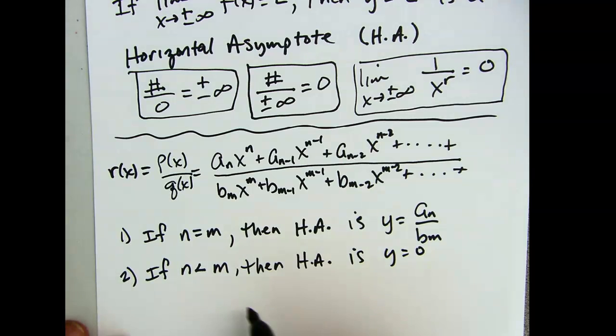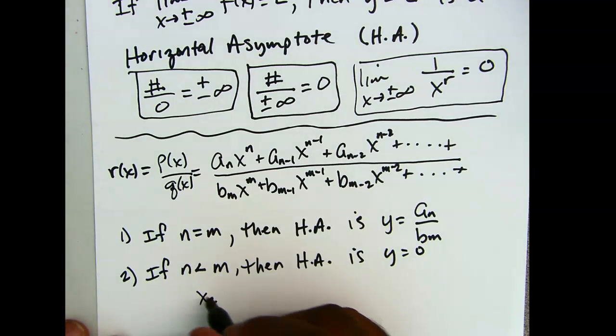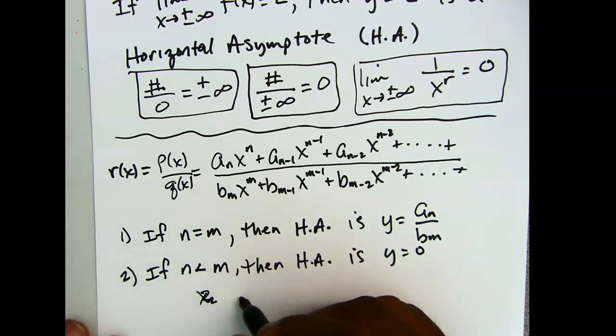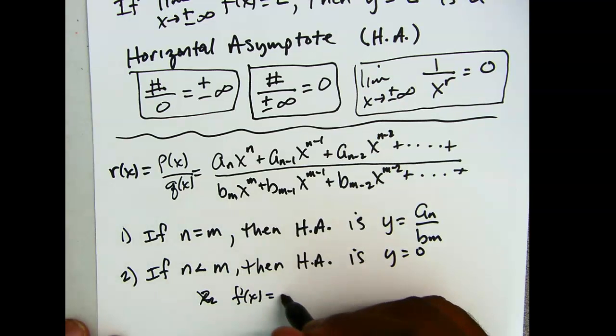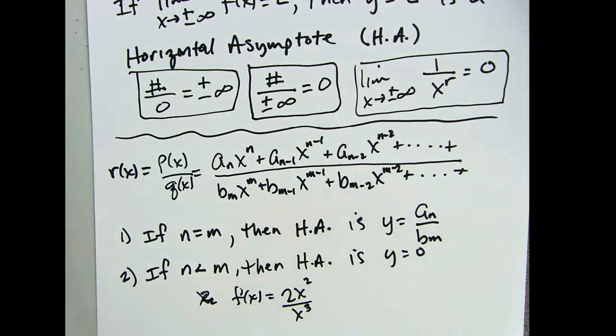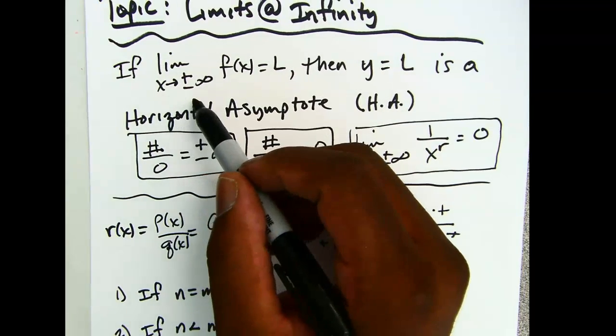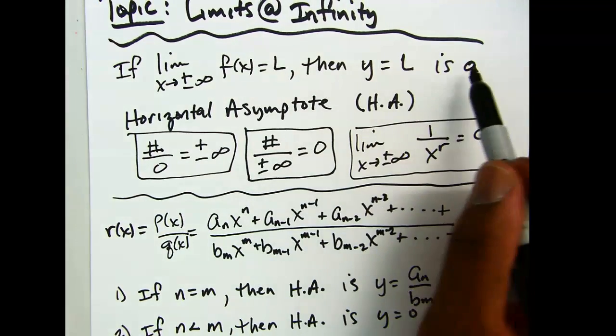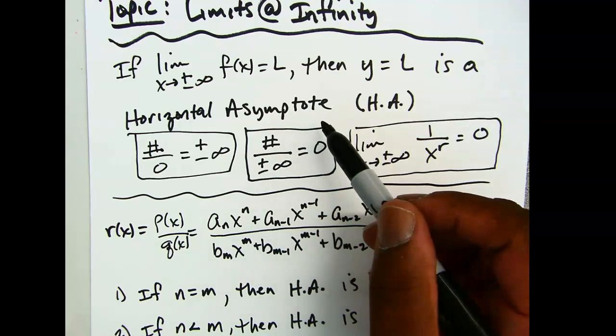So let's think about that. Let's say you have f of x is equal to x squared over x cubed. Okay? And you're taking the limit of that as x goes to infinity. Because remember, we already said before that if the limit as x goes to infinity of f of x equals L, then that's your horizontal asymptote.